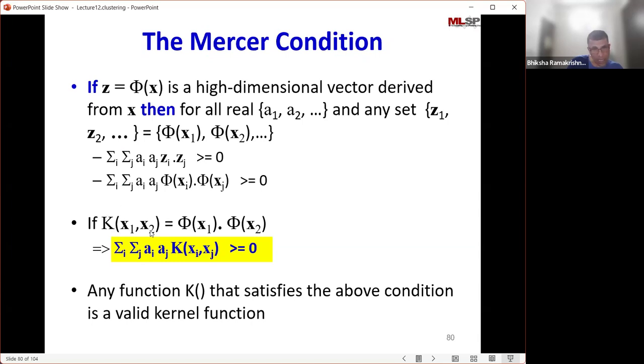Any function k(x1, x2) which has this property, summation i, summation j, ai, aj, k(xi, xj) greater than or equal to 0, is actually an inner product in higher dimensional space. Relate this to this equation, and you can see how the k over here is the same as this term here. This making sense?